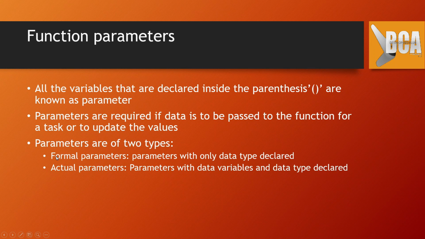Function parameters. As I said earlier, a function has a function name and parameters. All the variables that are declared inside the parenthesis, or the first bracket, are known as parameters. Parameters are required if data is to be passed to the function for a task or to update the values. Let's say you have a function for adding.